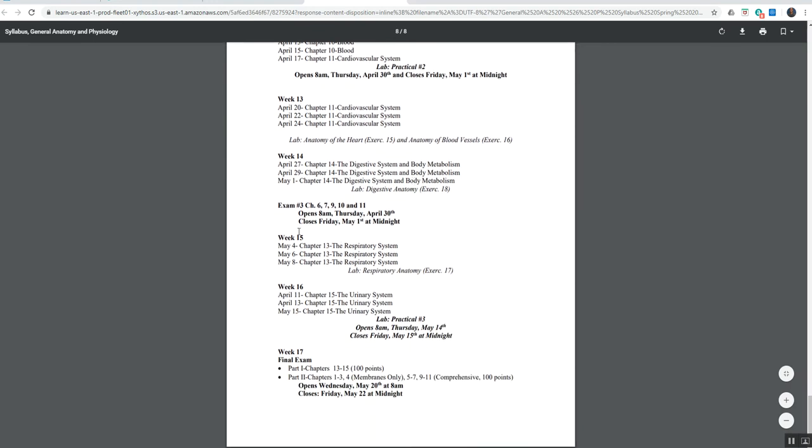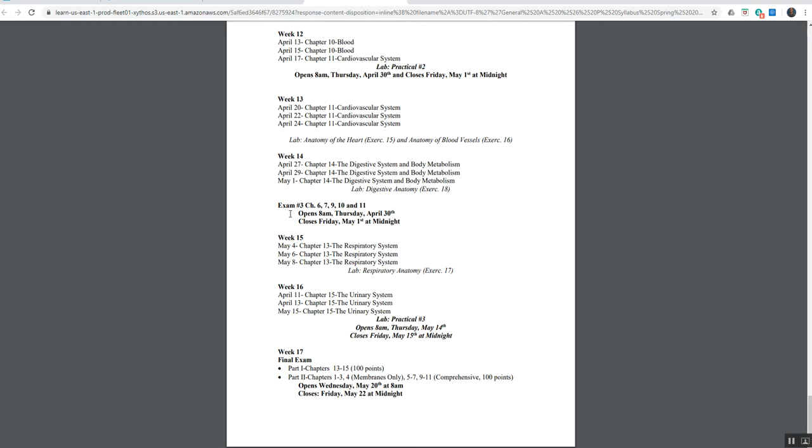Another difference is the following. Because the exams are going to be online, that frees up a day of lecture. In other words, typically when you have an exam, we don't have lecture. So that is going to be a little bit different. We will have lecture Monday, Wednesday, and Friday of every week, even if we have an exam. The exams are going to be on Blackboard, online, basically in the same format that you have your online quizzes.